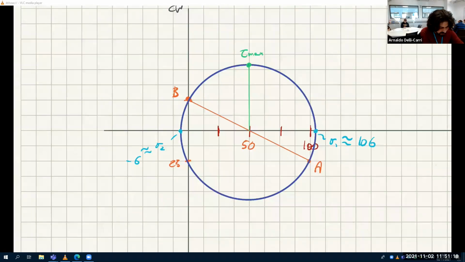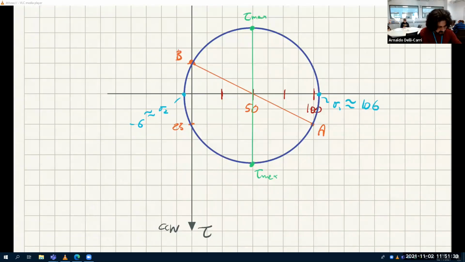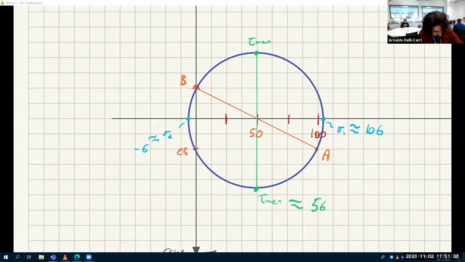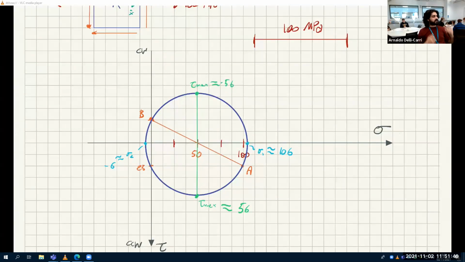And it's plus or minus because it's tau max here, but it's tau max also here. It's tau max in both directions. One is clockwise, which is negative, and one is counterclockwise, which is positive. These both are about 56. Minus 56. How easy is this? Very easy. How fun is this? Very fun.